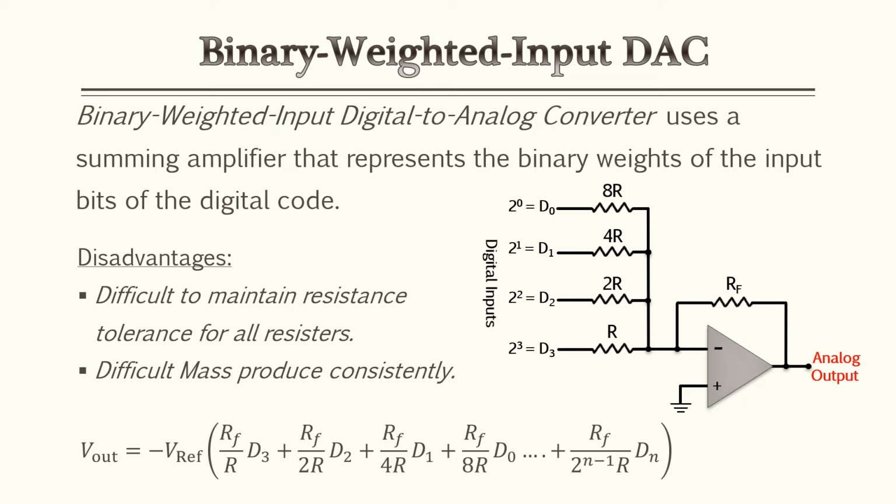Every time you want to add a bit to this summing amplifier, you're going to have to add another resistor in line to your input, and you have to double that resistance. That's where the disadvantages come in, because there are two disadvantages. The first one is it's difficult to maintain resistor tolerance for all those resistors. Every time you add a different resistor, it has to have a very specific tolerance, and that's very difficult to achieve. Also, it's difficult to mass produce all these converters consistently.